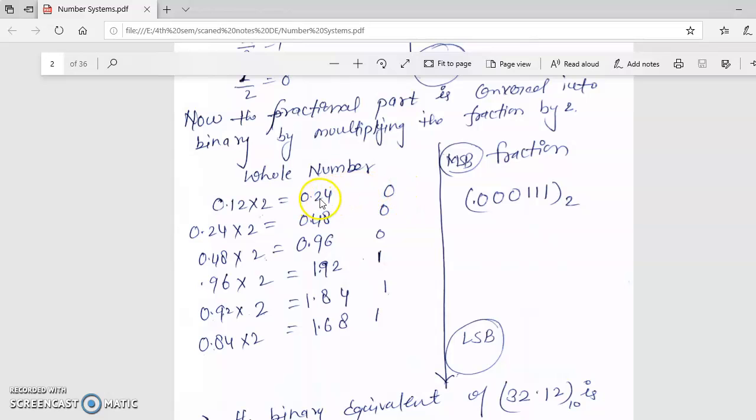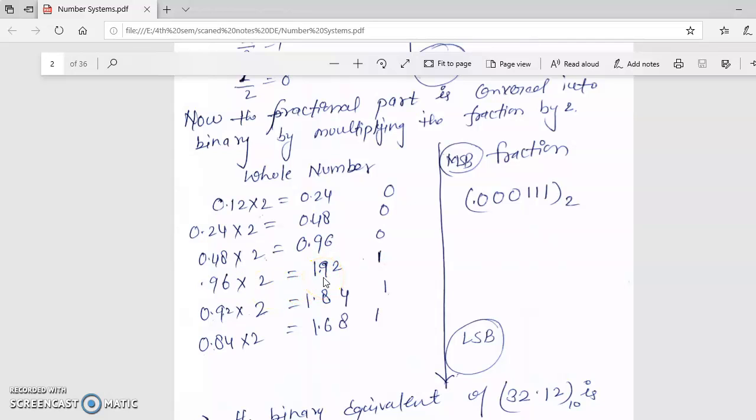Next, the fraction part is 0.24, multiplied by 2. We have the whole number 0 and the fraction part is 0.48. Write 0 here and the fraction part is multiplied by 2 again, and we get 0.96. Whole number is 0 and the fraction part 0.96 is multiplied by 2.